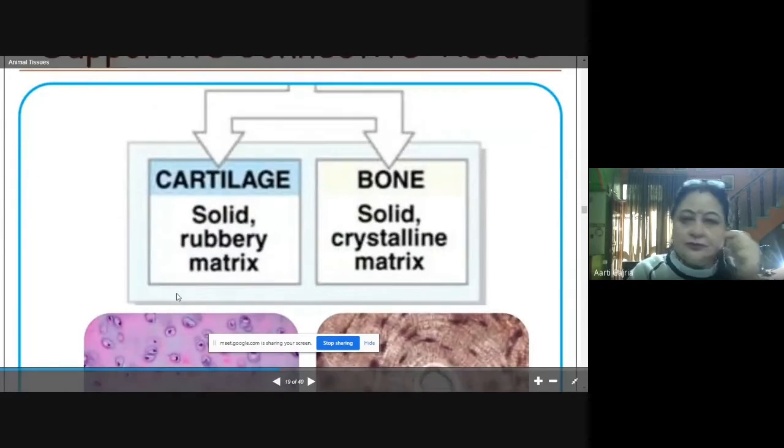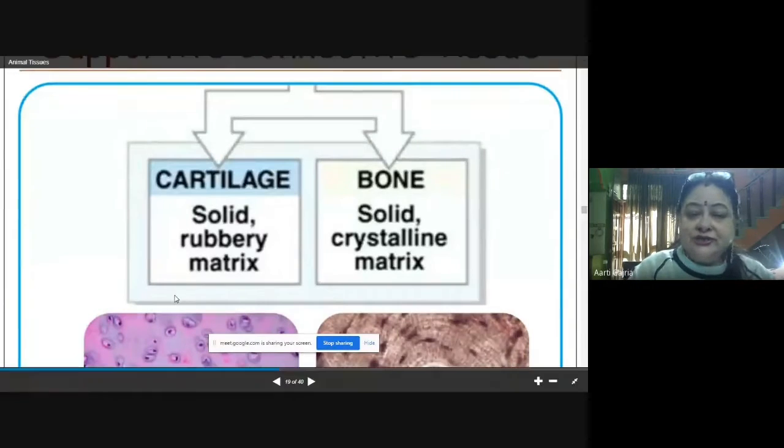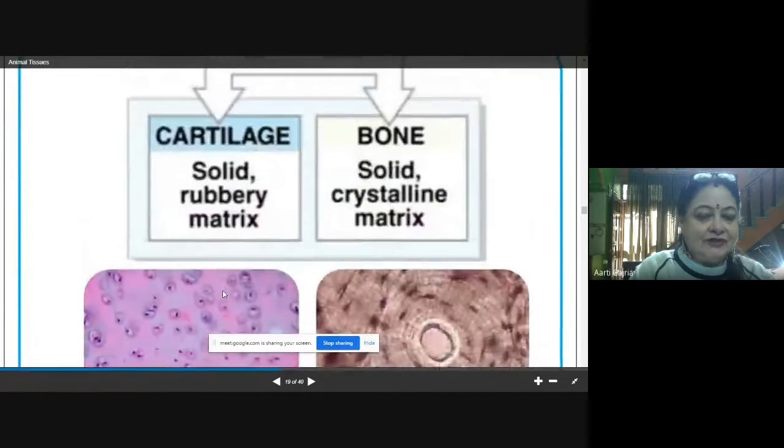The nose, the ear, this is all cartilage. The connection between the vertebrae in the vertebral column, this is all cartilage. Then bone has a solid, crystalline matrix, whereas in case of cartilage, rubbery matrix is present.